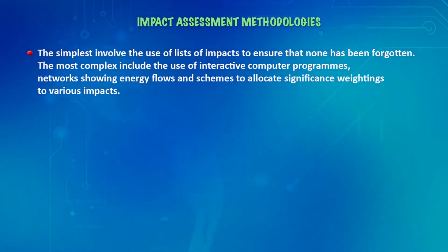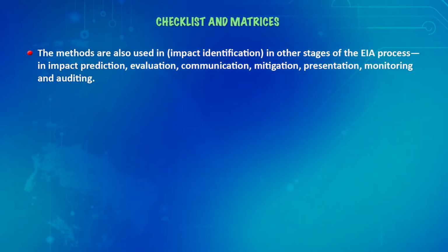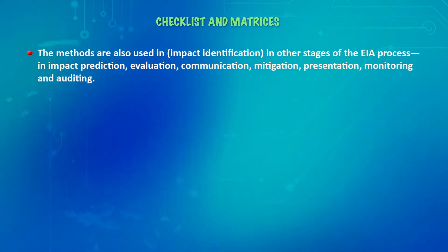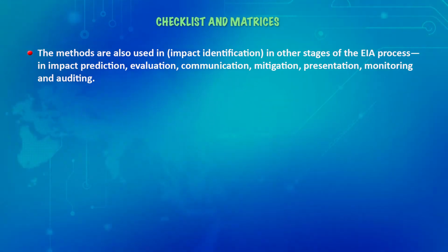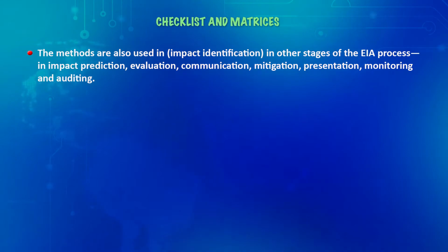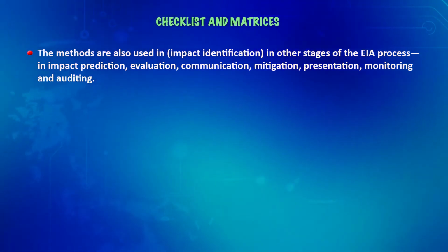So in a way, the methods range from the simplest one to the complex one, and it is a very important thing. Time and again I am mentioning that these methods are basically useful for identifying the impacts. Yes, they are useful for identifying the impacts, but nevertheless they are used for other aspects also: impact prediction, impact evaluation, communication of the impacts, and mitigation.